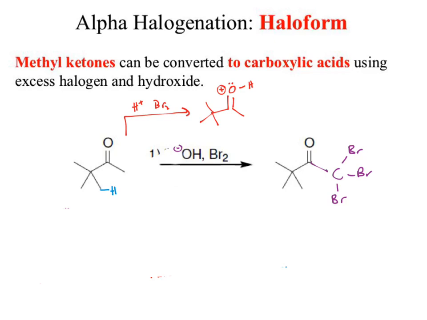Why can't that hydrogen be removed? Too far away. I don't quite accept too far away. Don't you always take from the alpha carbon? Why do we take from the alpha carbon? Because of resonance. We're putting the negative charge in our conjugate base on an atom that can hold it.